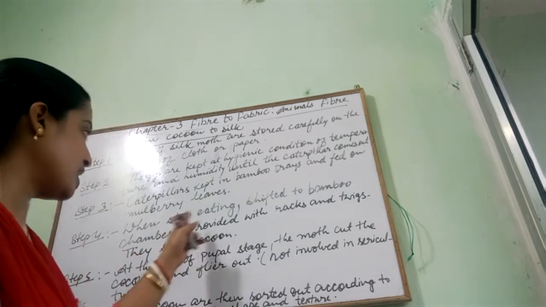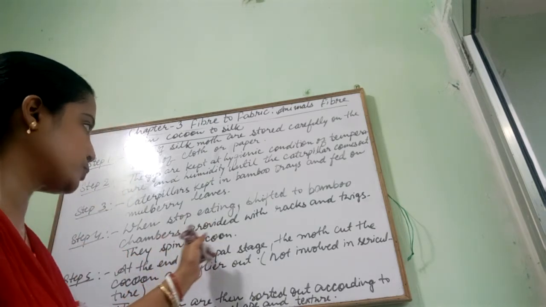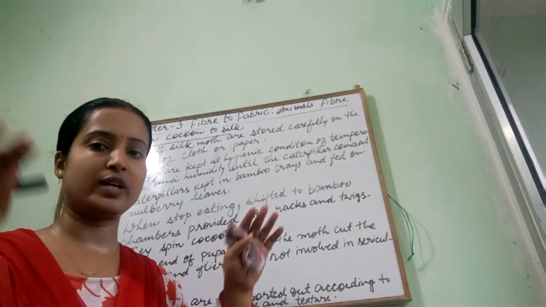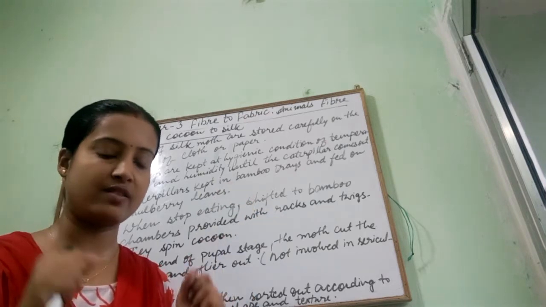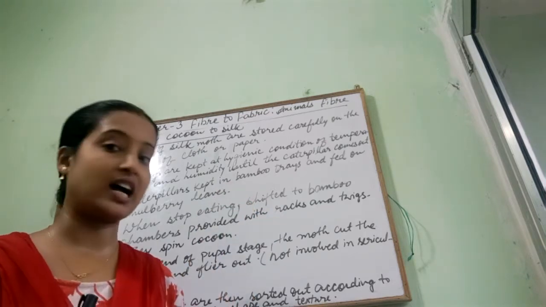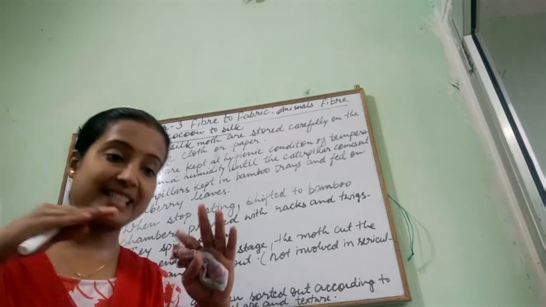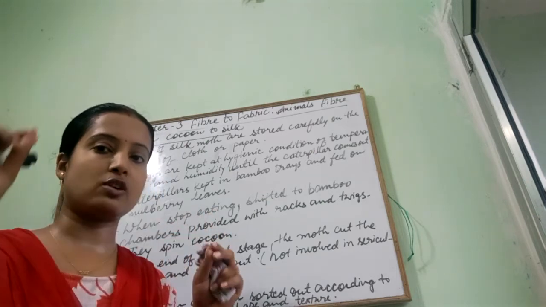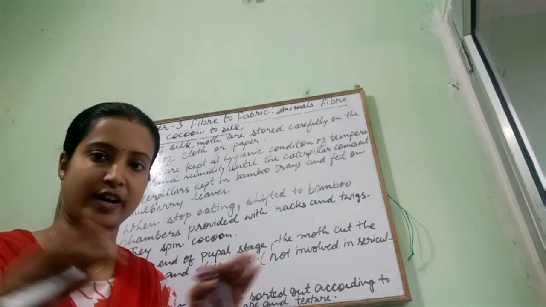They are provided with racks and twigs so that they feel they are living in a natural environment, not in an artificial environment, so inside the chambers many twigs of plants and the racks are provided.